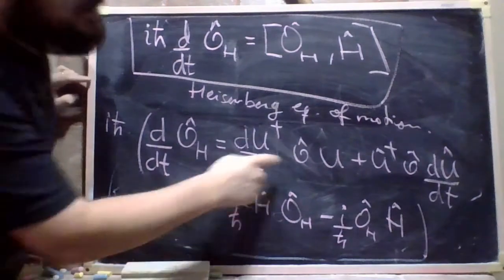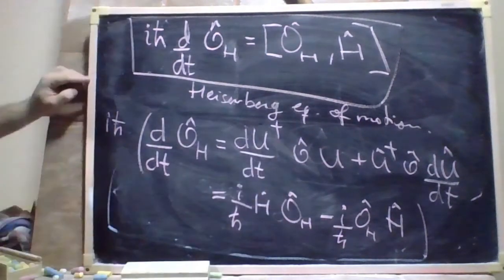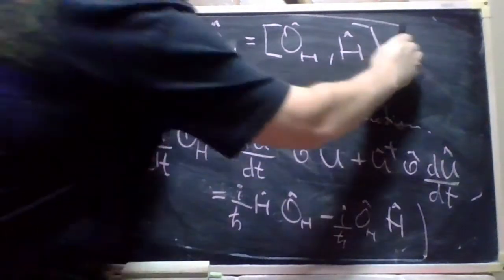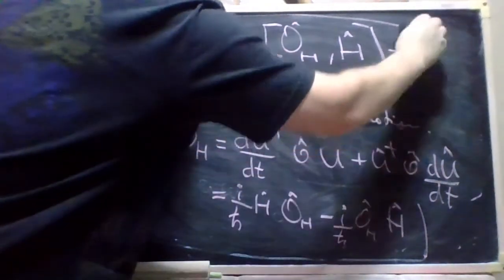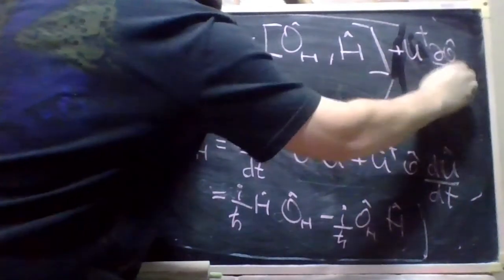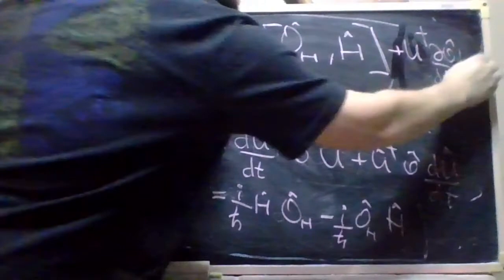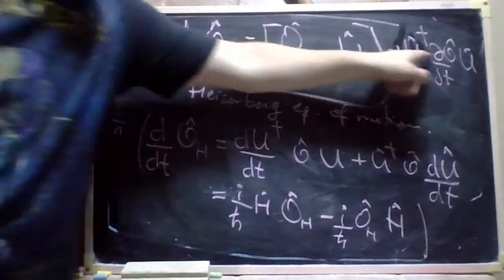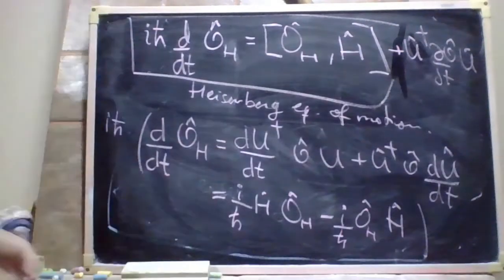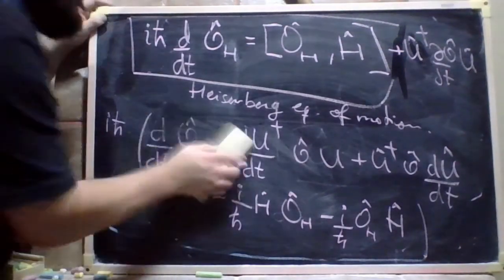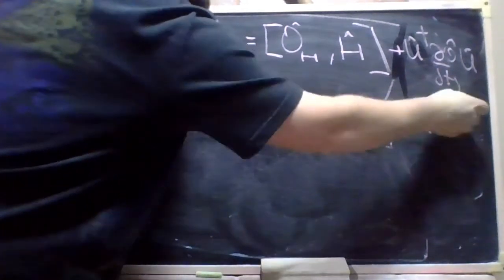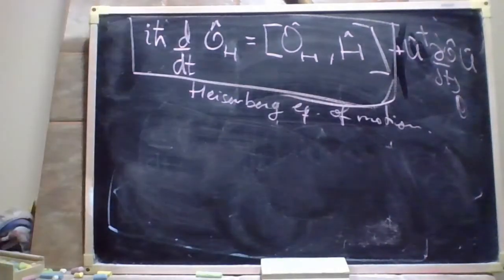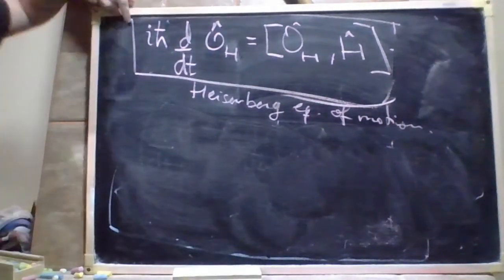If the operator has an explicit dependence on time, you also have to calculate the derivative of that, and you'll find that you have to introduce this object here: the time derivative of the operator which is explicitly time dependent, U dagger times the time derivative of O times U. But in general you can assume, not always, but in very important cases, that this is zero, the operator is not explicitly time dependent, so you can drop that term from the equation, and this is the Heisenberg equation of motion.